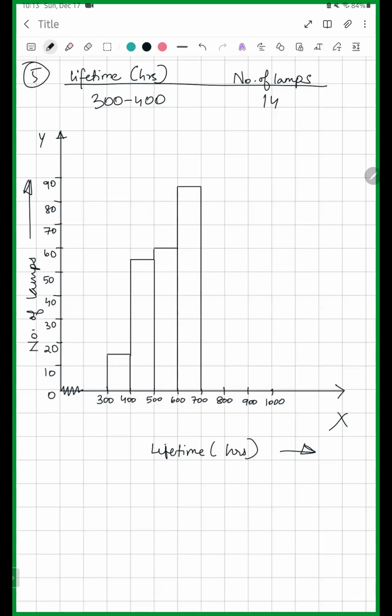Then 700 to 800, 74. Then 800 to 900, 62. Nine hundred to 1000, 48.